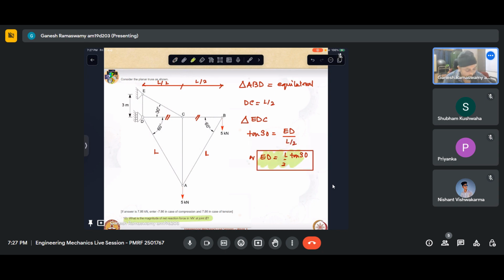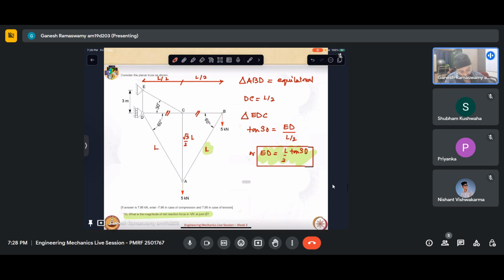So what we have done here is we have assumed one of the dimensions and we have calculated the length of all members with respect to that dimension. In that case, this will be L sine 60. So it will be root 3 by 2 L. Okay, so far so good.